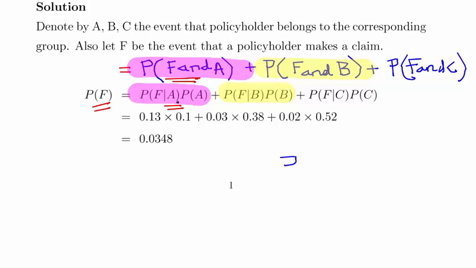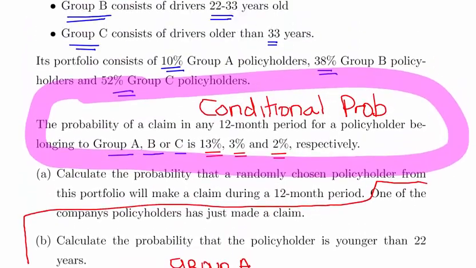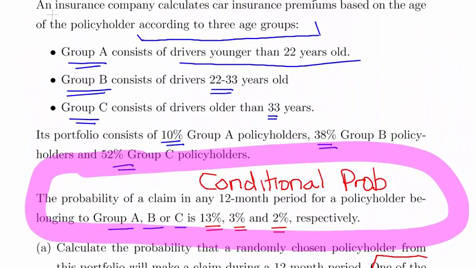Now these are the pieces of information that we were given. Probability of F given A times the probability of A, probability of F given B times the probability of B, and probability of F given C times the probability of C. So it's actually very straightforward now. We're using all the pieces of information we had: 0.13 times 0.1, 0.03 times 0.38, and 0.02 times 0.52. Let's just double check where all this is coming from.